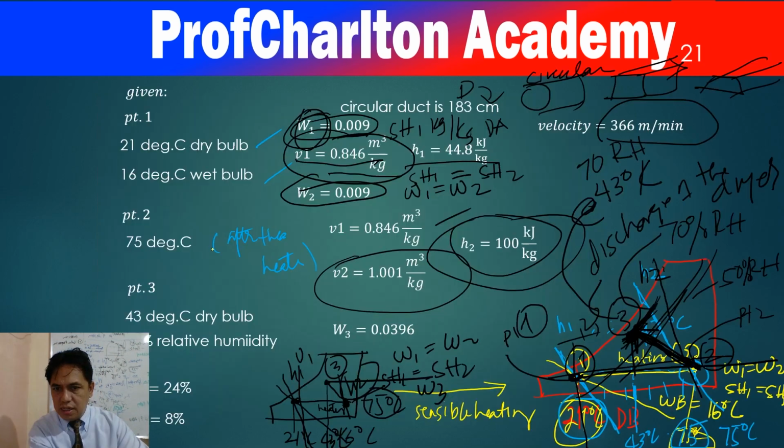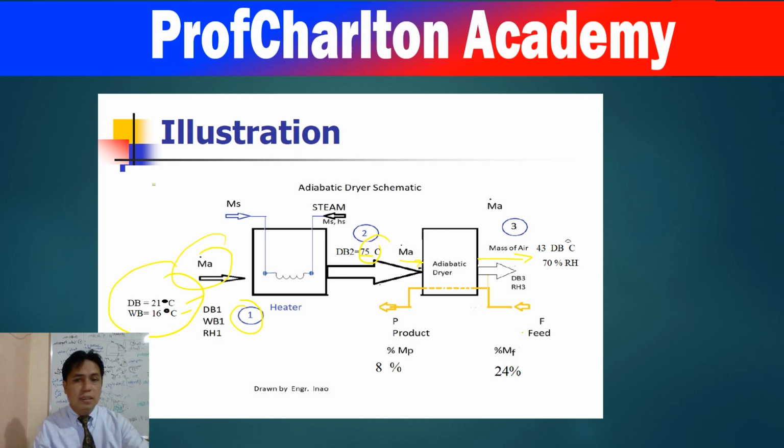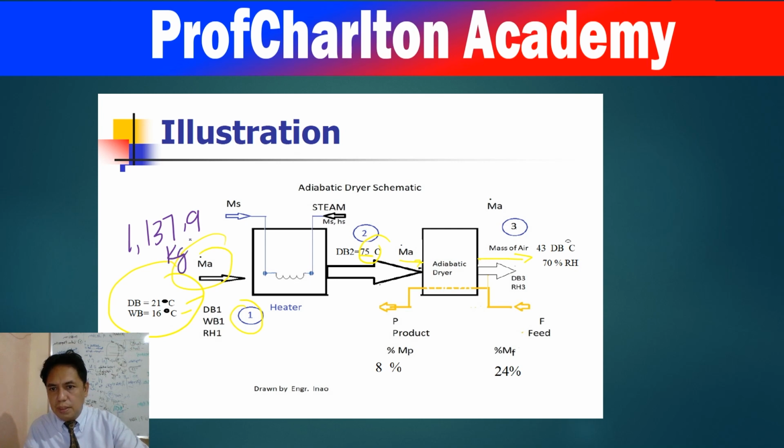So here there is a mass of dry air that is equivalent to 1137.9 kilogram per minute, right? So that is mass of air.